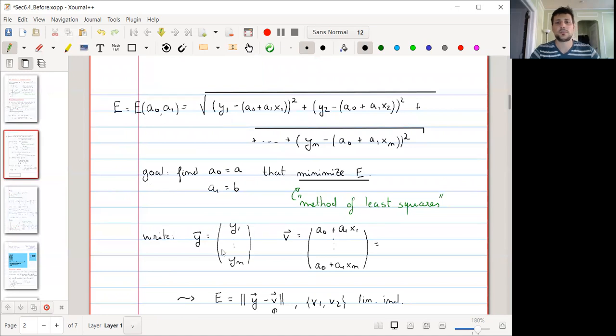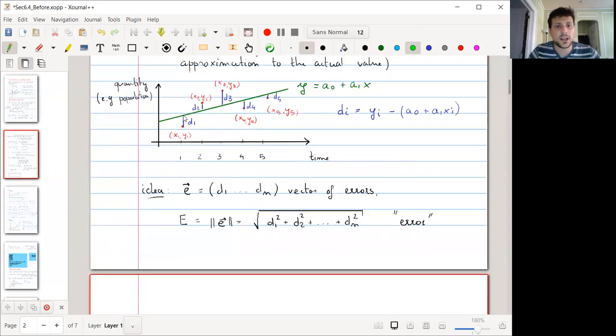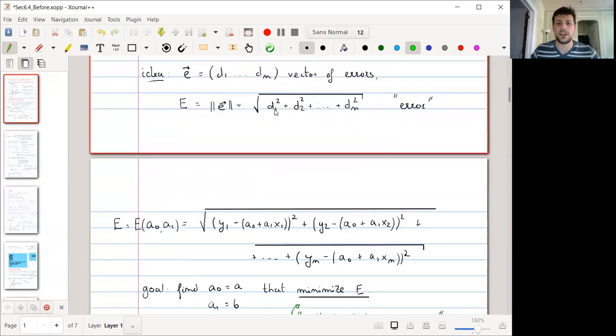This is how we're going to set the problem up. We'll define a vector y, y1 through yn, with all of the y coordinates of the data set. And then we define a vector v, whose entries are the coordinates on the green line. Entries of v are the y coordinates of these bright green points that I'm drawing here. Those are the entries of my vector v.